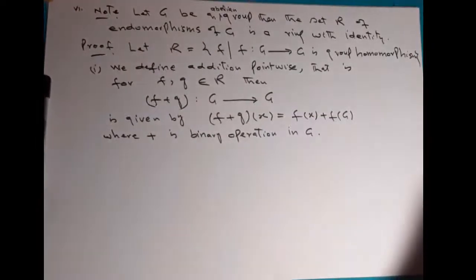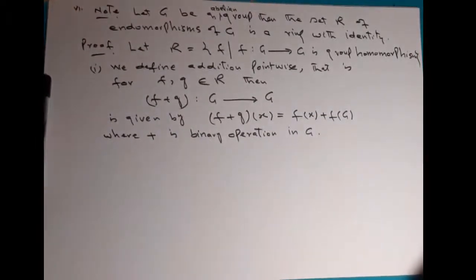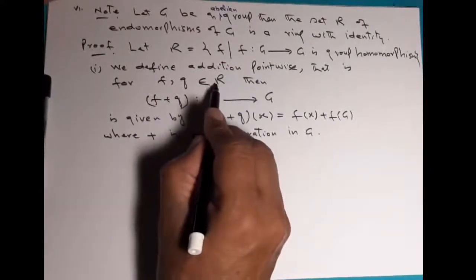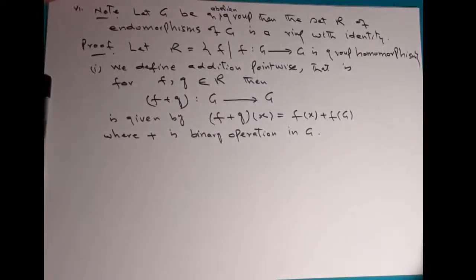So please note that we have taken group G as an abelian group and the binary operation is addition. So this is the way we define addition on the set of endomorphisms of group G. So this is the definition of addition.